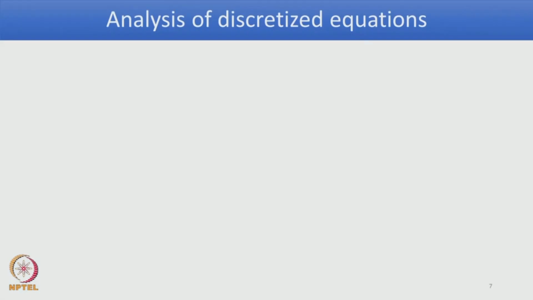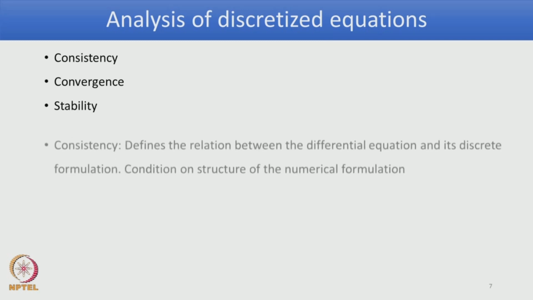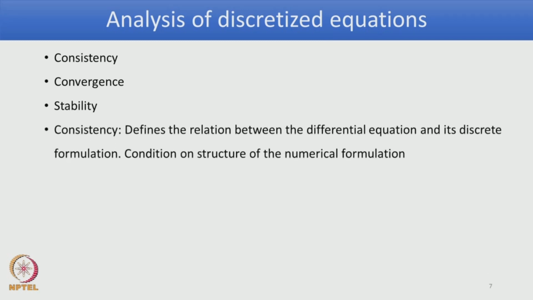Next we go to the analysis of the discretized equation. We mentioned there are three aspects: one is consistency, second convergence, third stability. Consistency defines the relationship between the differential equation and a discrete formulation.